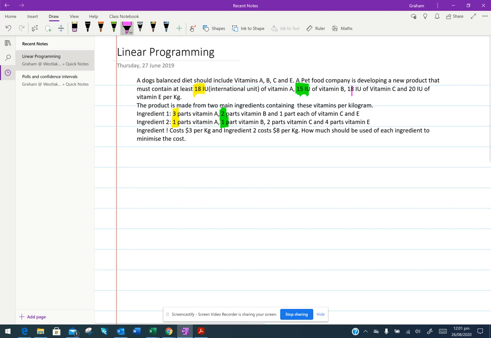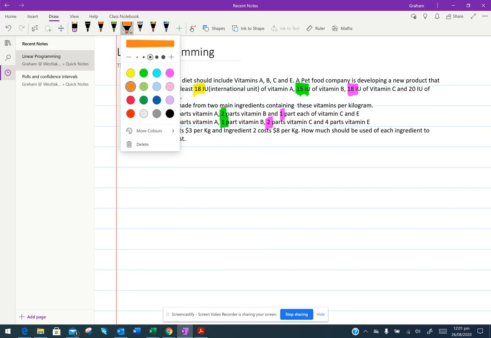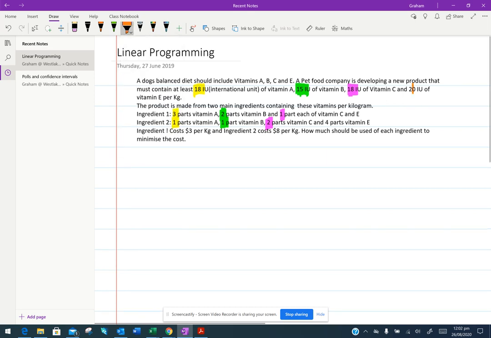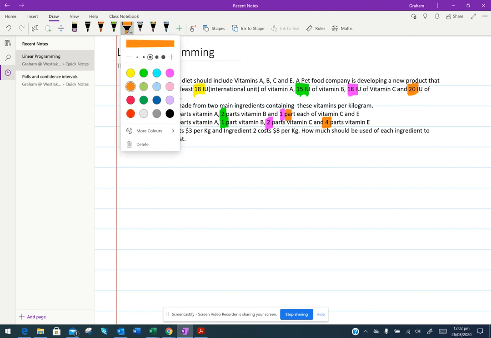I need 18 of vitamin C, and there's 1 part in ingredient 1 and 2 parts in ingredient 2. And lastly, I need 20 parts of vitamin E, and there's 1 part in ingredient 1 and 4 parts in ingredient 2.